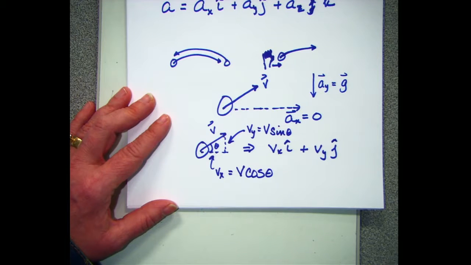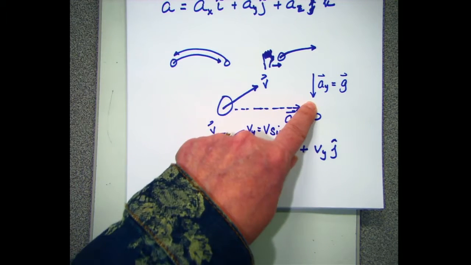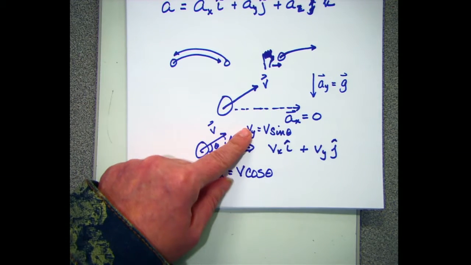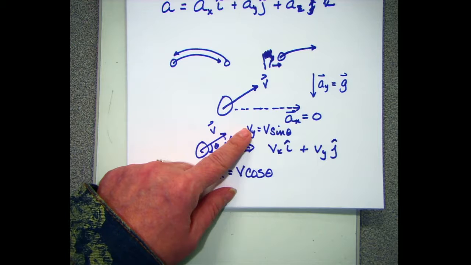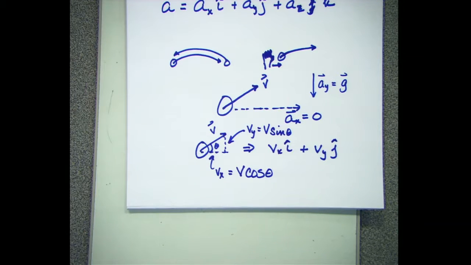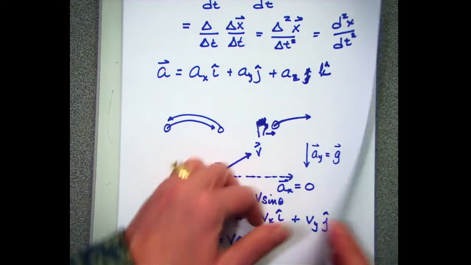So when I'm dealing with velocity vectors and I'm stuck at the start of a problem, the first thing I do is break it up into its components. The things that are happening in the y direction are independent of the things happening in the x direction. They're independent variables.